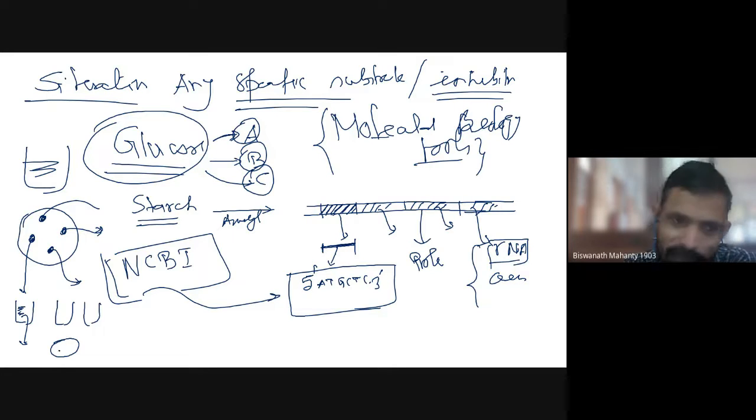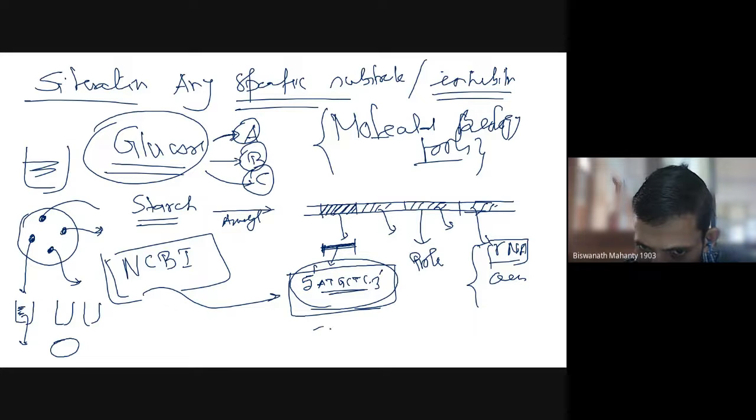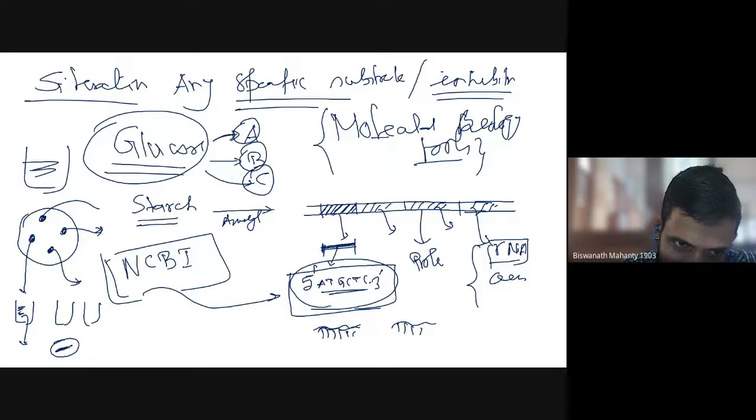Once your DNA is available, and I know this gene is likely to be there in your target, for example, this microorganism is producing some amino acid, and you know the amino acid synthase gene sequence, so I can design primers for this sequence. Primers means they are going to bind, and if this gene is present here, I can run some PCR and I can amplify.